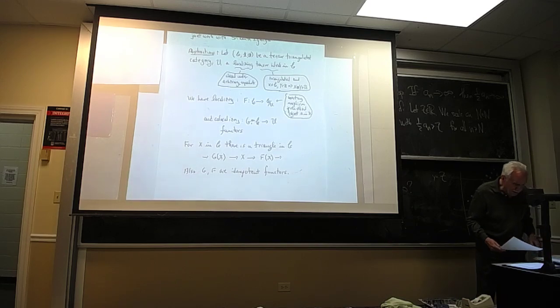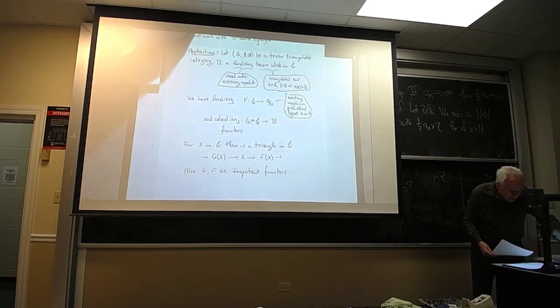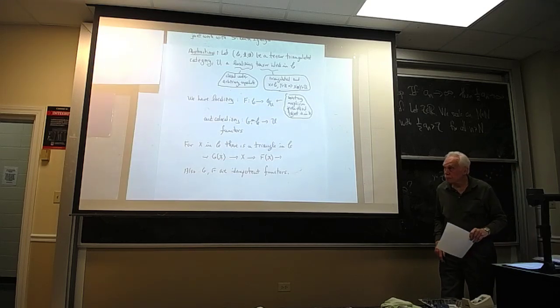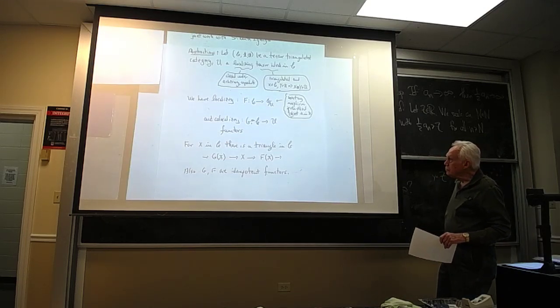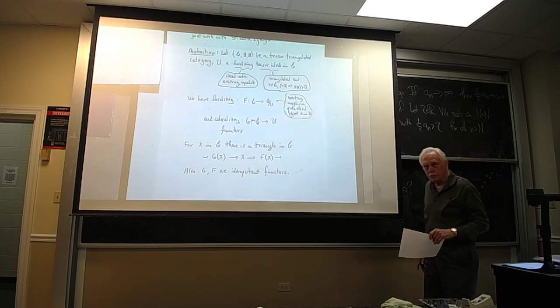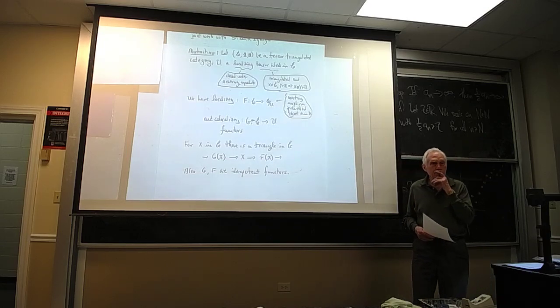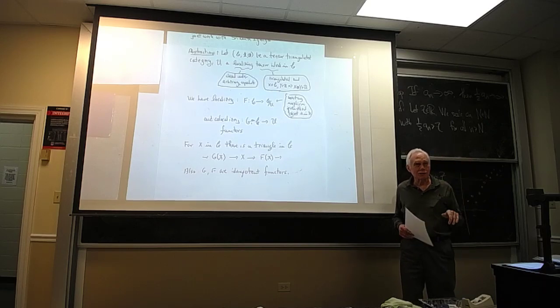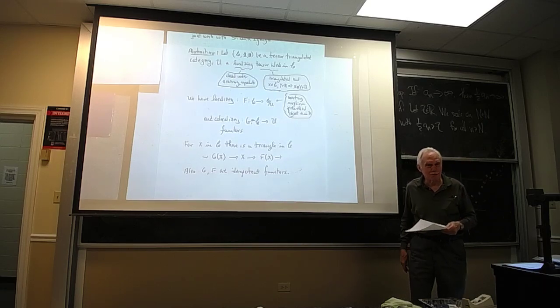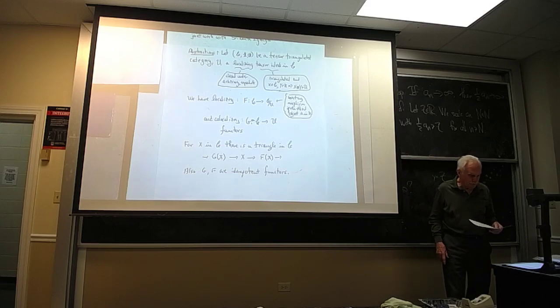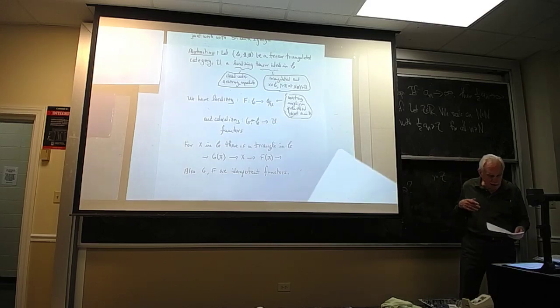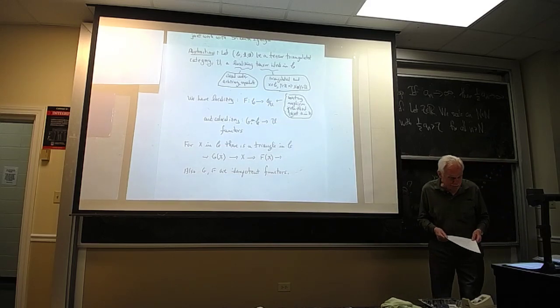Sorry, should G be going from U into C? No, G is going from C into U, actually. Okay, and I'm going to give you some examples of these, and you will see how this goes. But I thought I'd write down all this abstract stuff first.